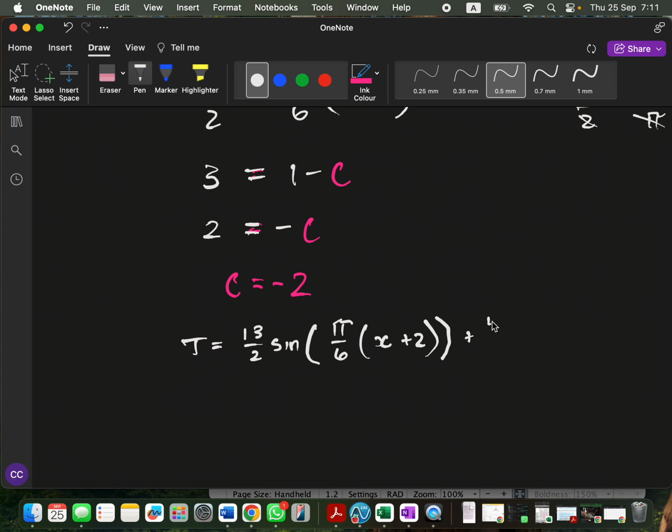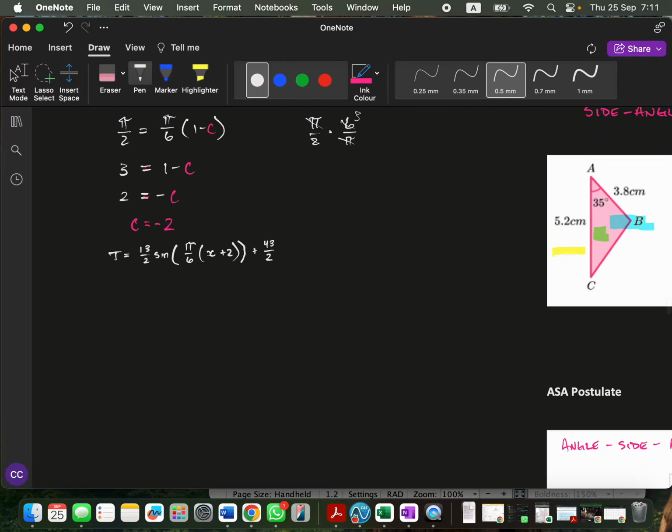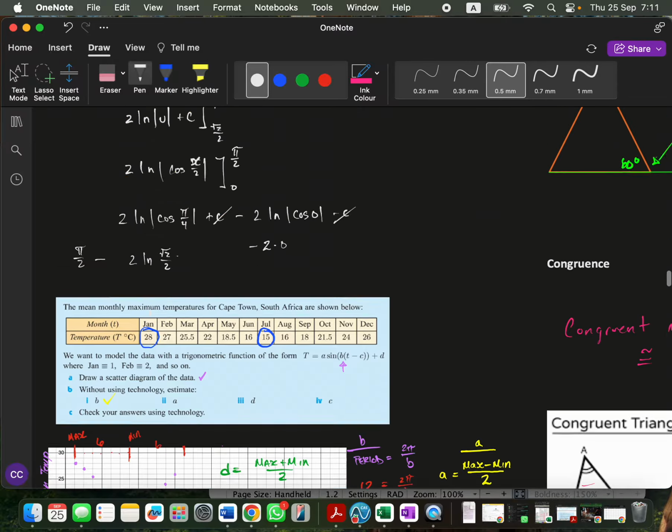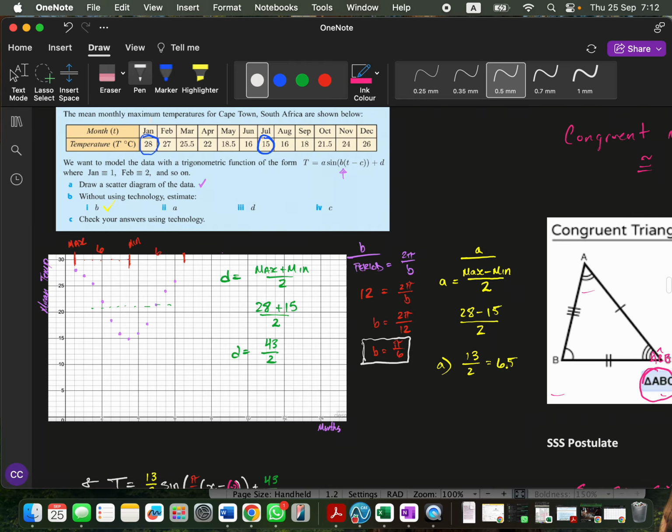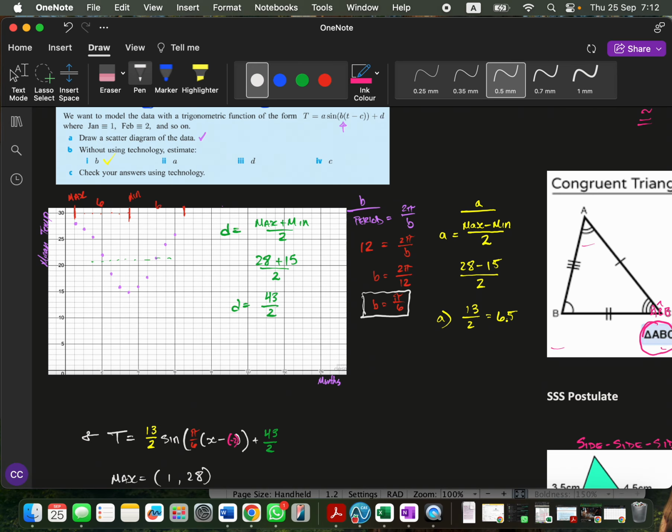And then plus 43 halves. Okay? So that gives me an estimate of this. That gets me to this first thing. We have a value for that. Now, I'm not necessarily happy with that because I think it should be a different value, but we're going to go with that's what it is. That's the general process. That's how we go through it.